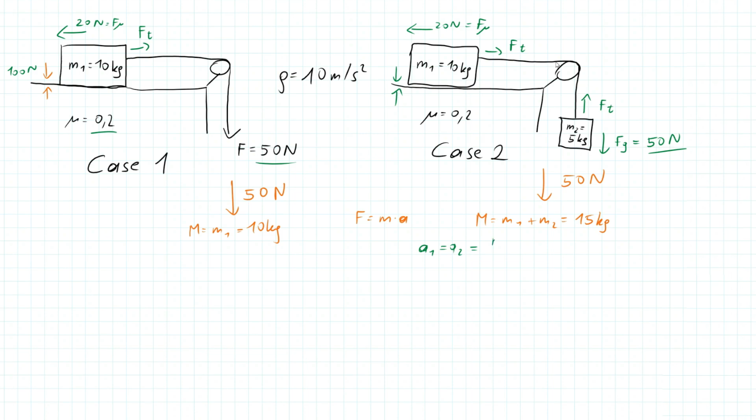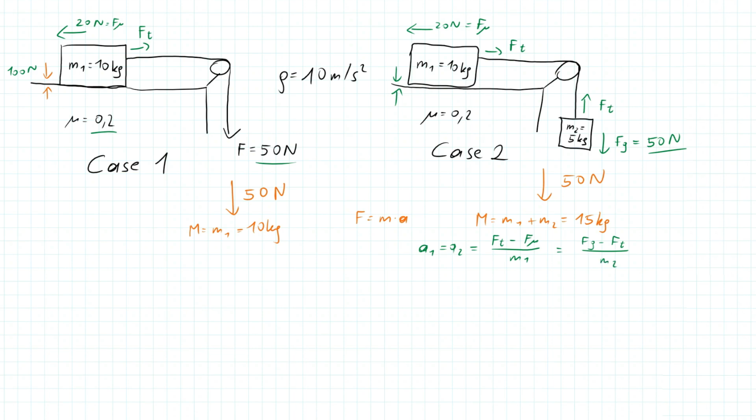So we have Ft, because that's in the direction of acceleration, minus F mu, because that acts in the opposite direction, divided by m1. And that's equal to the acceleration of the mass m2, which is given by Fg, minus Ft, because Fg acts in the direction of the acceleration and Ft acts in the opposite direction, divided by m2.